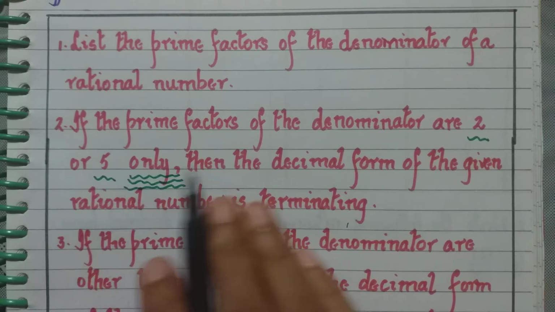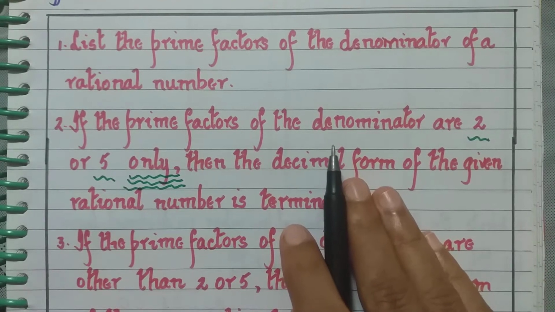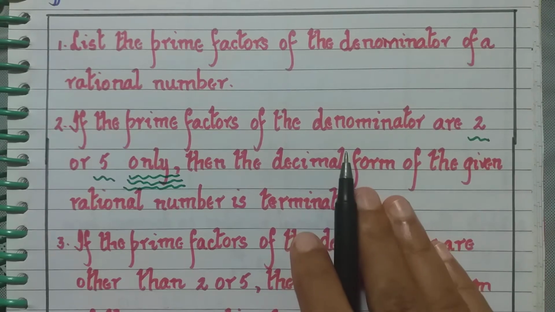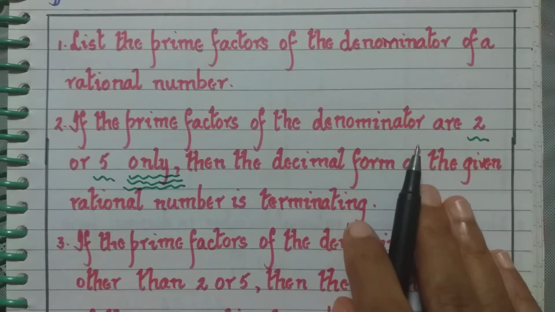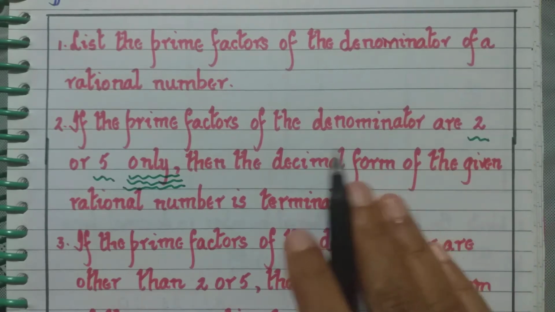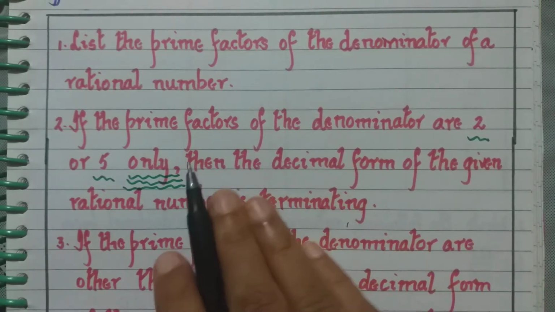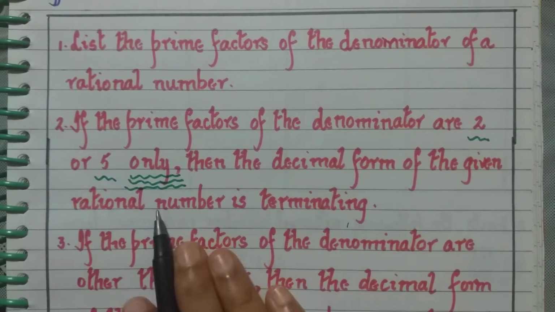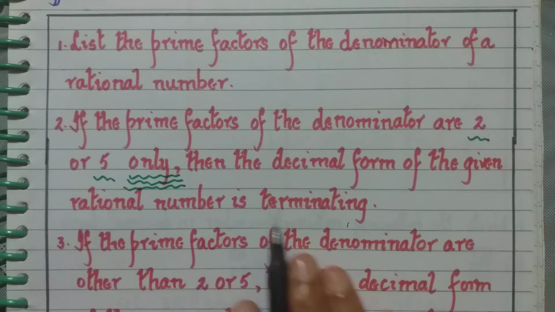Like suppose the denominator is 250, 250 is got by multiplying 2 into 5 into 5 into 5. 5 into 5 into 5 is 125, 125 into 2 is 250. So in such a case also, the decimal form of the given rational number is terminating.